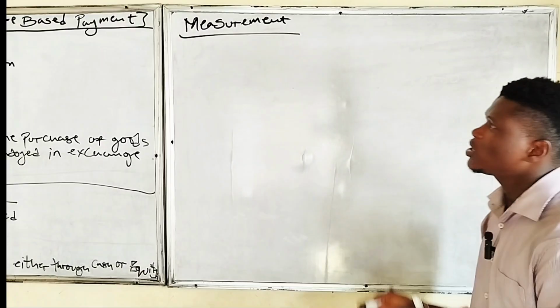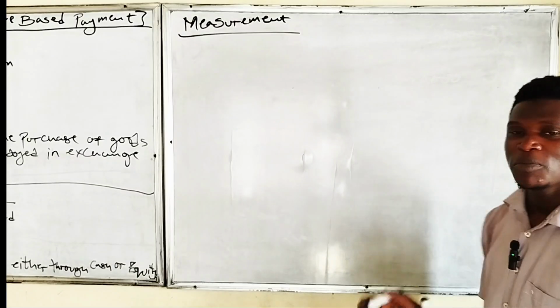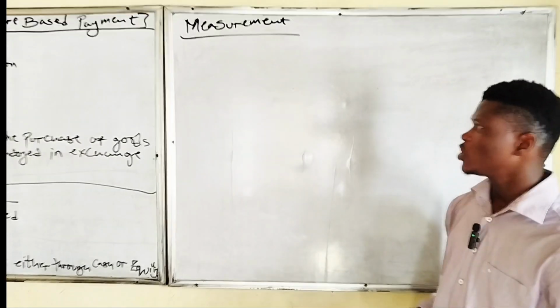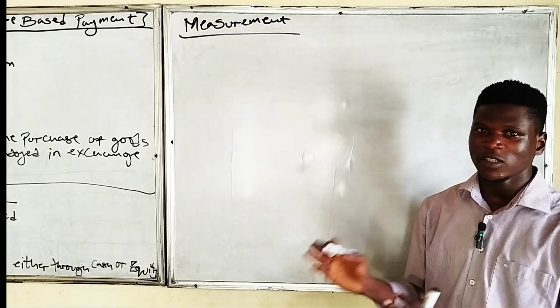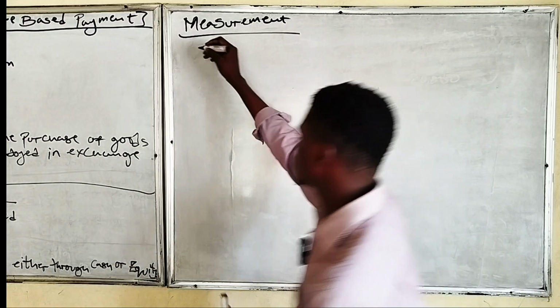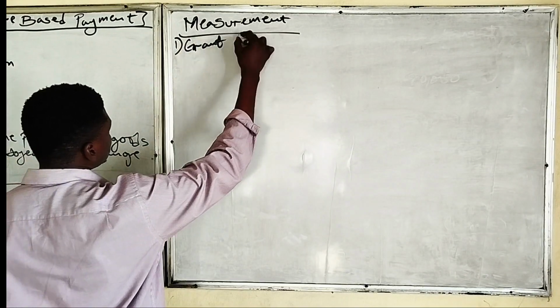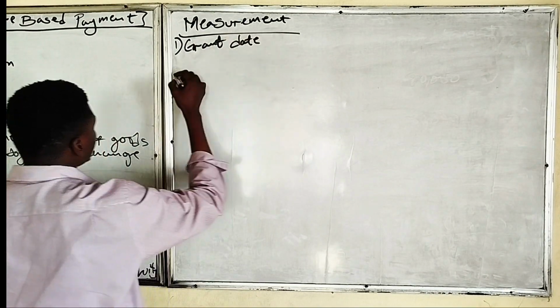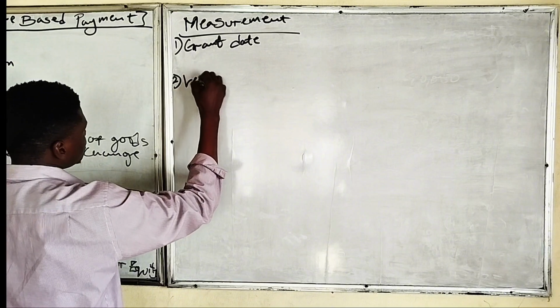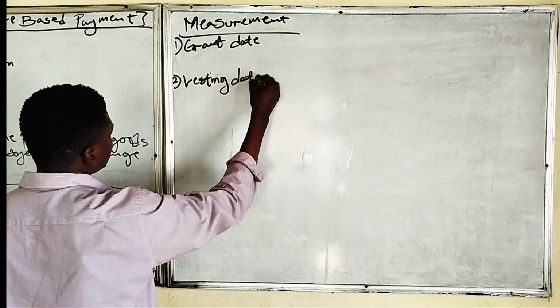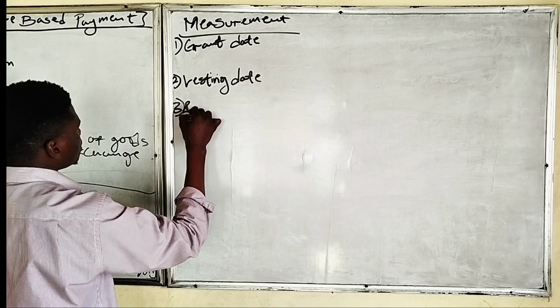We say share-based payment is recognized and measured based on some terms, which includes the grant date, the vesting date, and then the exercise date.